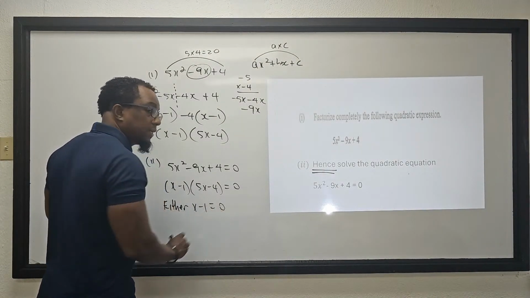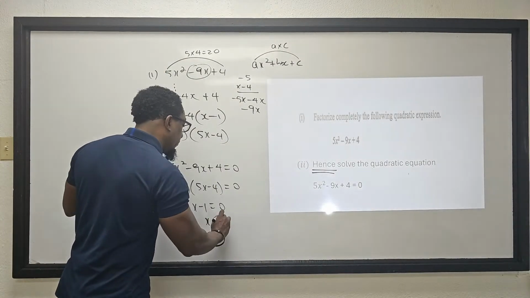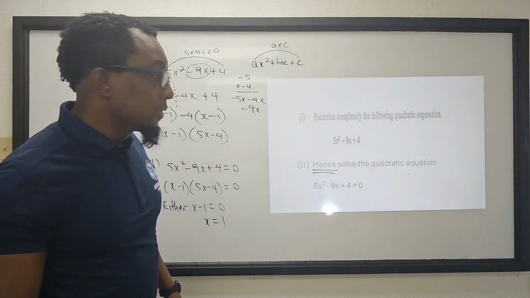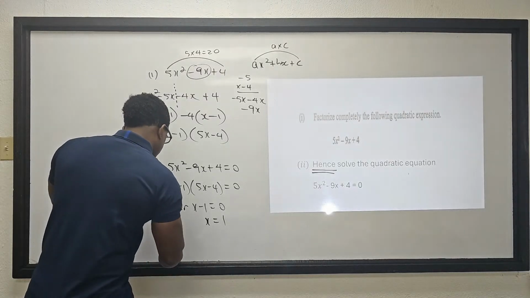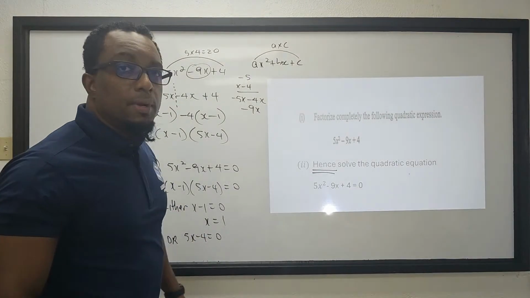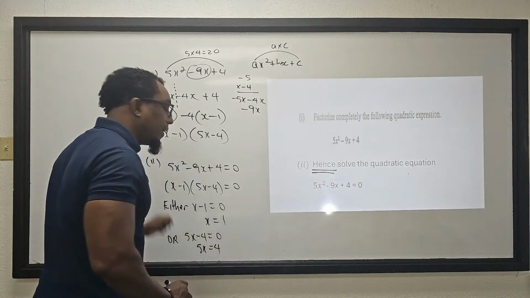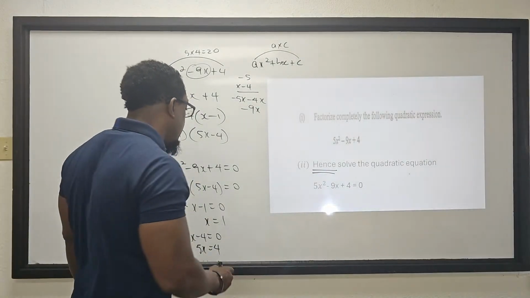x minus 1 is equal to 0, and therefore x is equal to 1, positive 1, that's one solution of x. Or I'm going to take 5x minus 4, place it equal to 0. 5x is equal to positive 4, and then I'm going to divide both sides by 5.